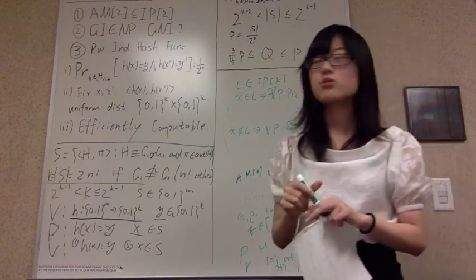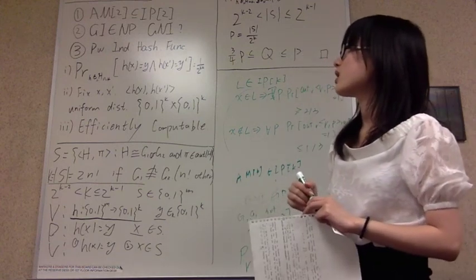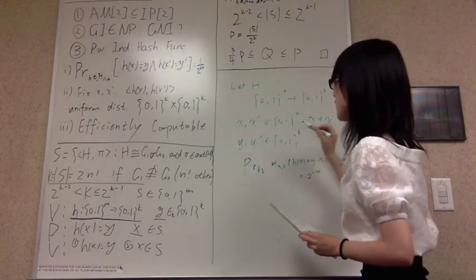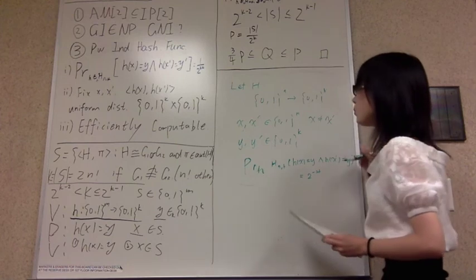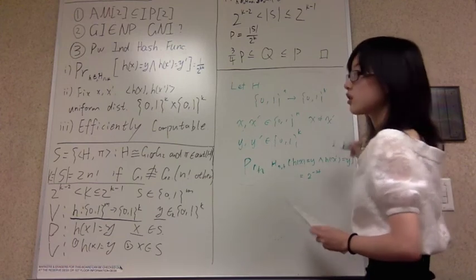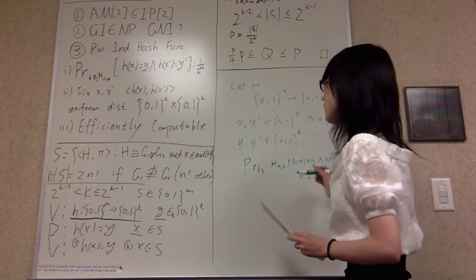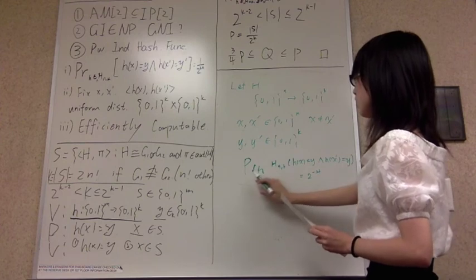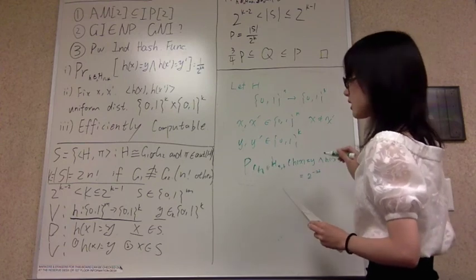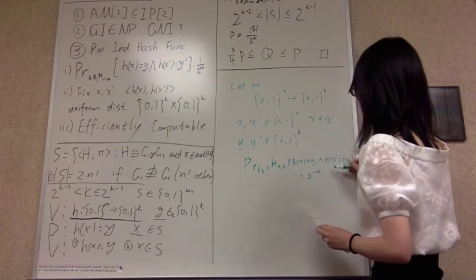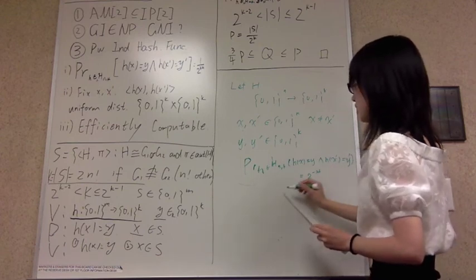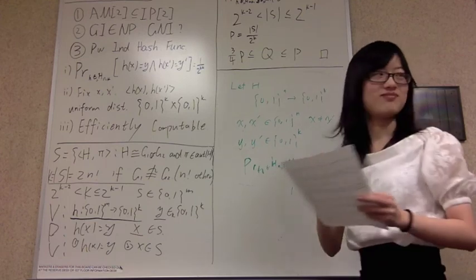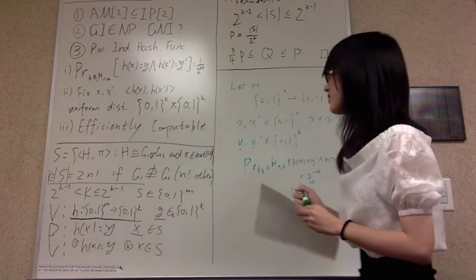And here comes the trick we use in the proof: the pairwise independent hash function. For every x and x' in {0,1}^n with x not equal to x', and y and y' in {0,1}^k, the probability over h that h(x) equals y and h(x') equals y' is 1 over 2^{2k}.